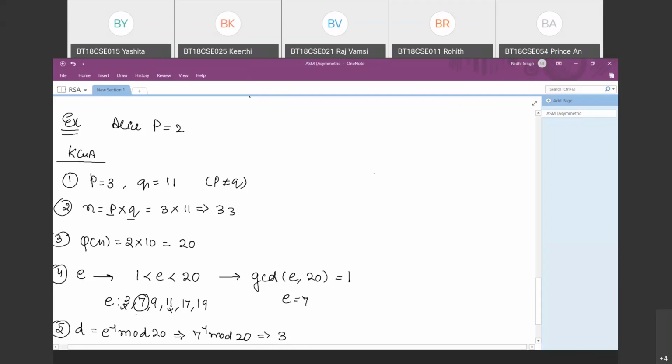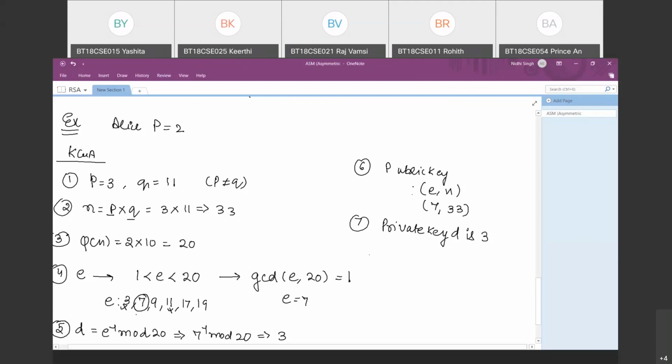So in this case, my public key is a tuple of two things, E comma n. The value of E is 7. The value of n is 33. And the private key D is 3.